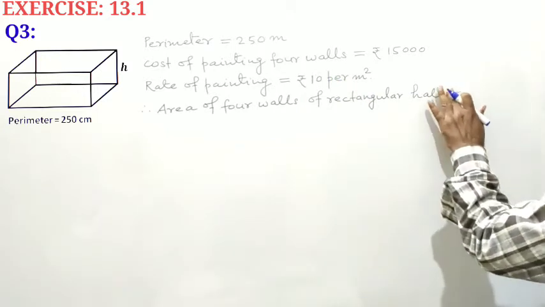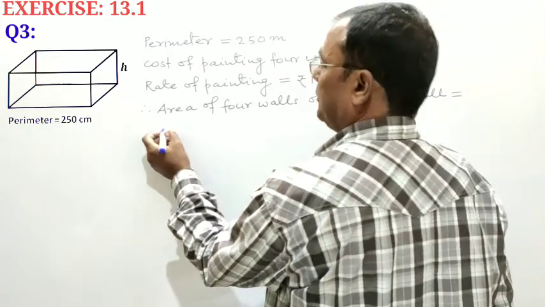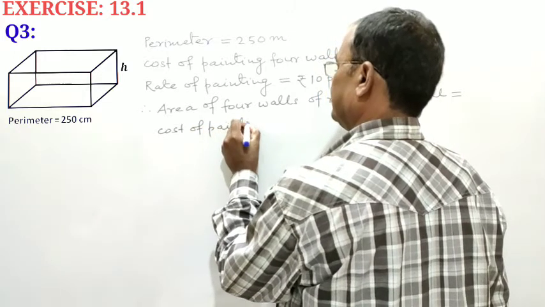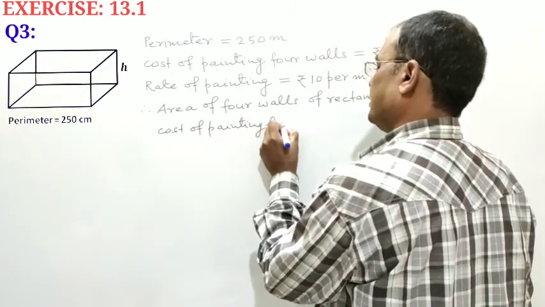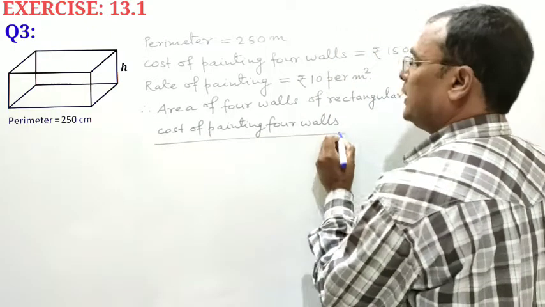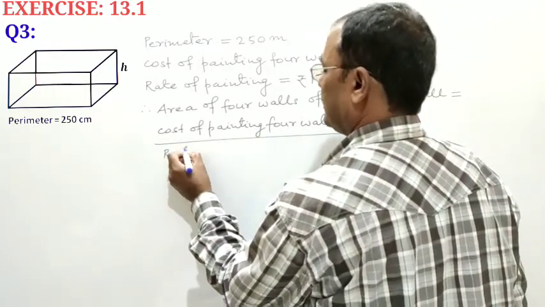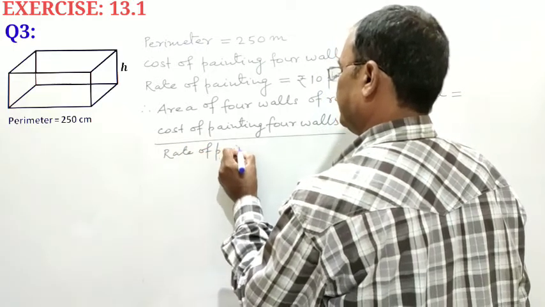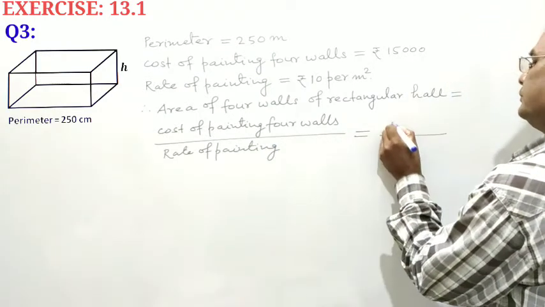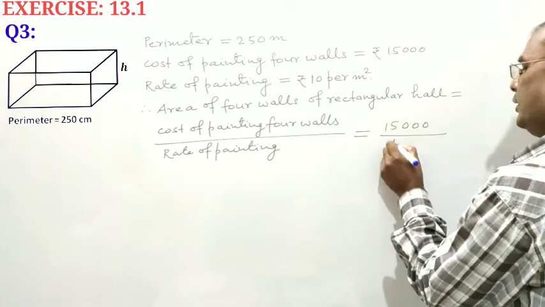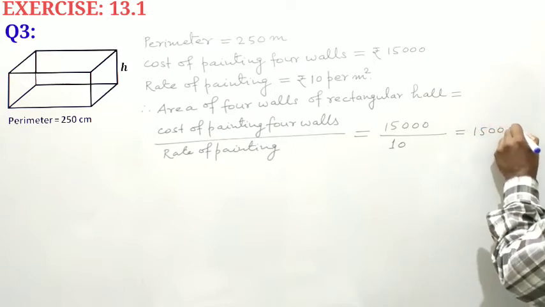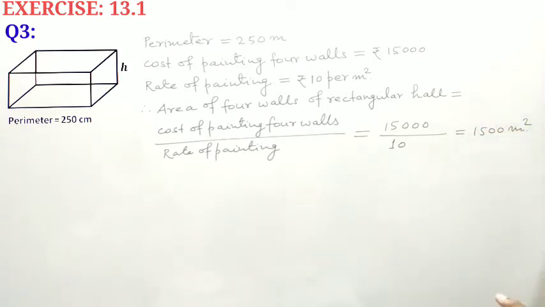So this will be equal to cost of painting four walls divided by rate of painting, and this is equal to 15,000 by 10, which is 1,500 meter square.